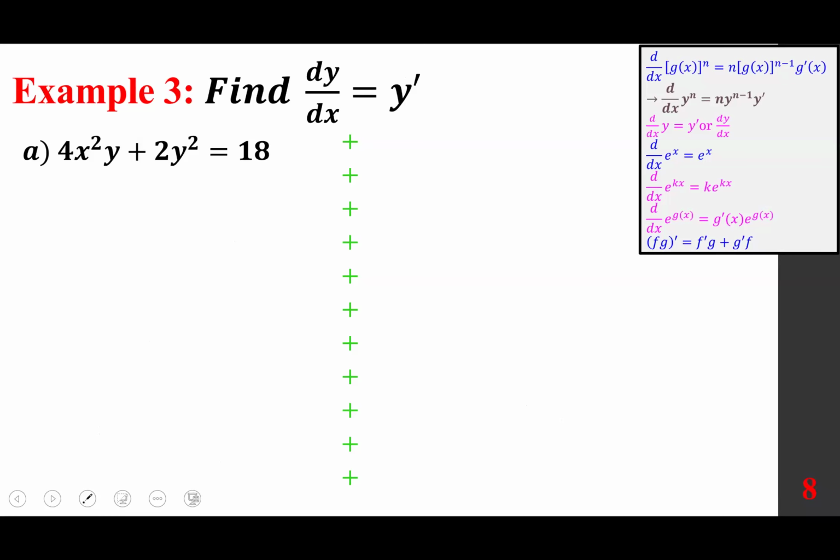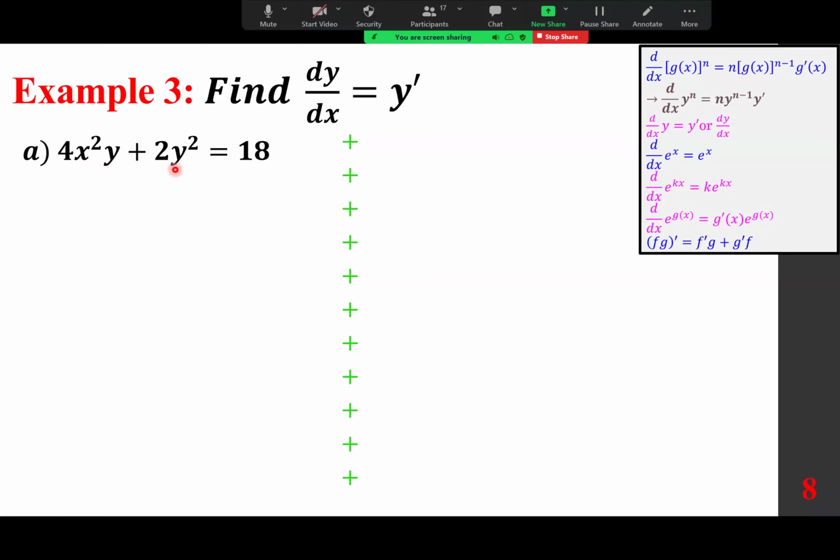Find dy/dx or y prime, where the relation is 4x squared y plus 2y squared equals 18. Again, notice this is the product of 4x squared and y. Remember, you can keep the 4 out. I've mentioned that before. But 4 is a fairly easy and small number. You can think of it as part of x squared or put brackets here. Keep the 4 out.